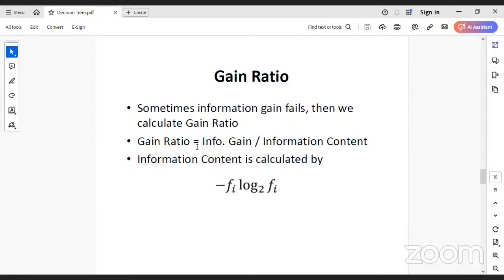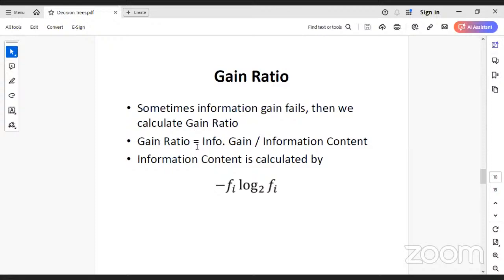It's like a leader in the class. So in order to overcome this undue advantage, they divided the information gain by the information content, which is nothing but the number of unique categories in each attribute, and they named it gain ratio.